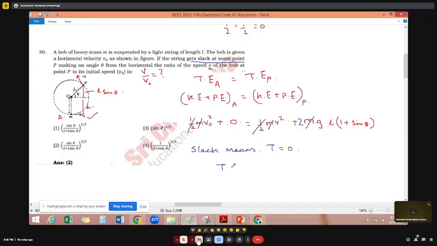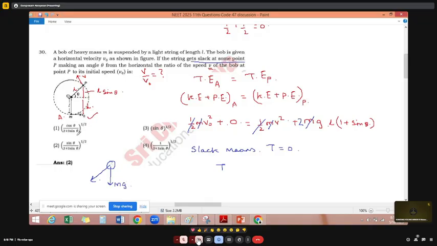T plus mg sine theta. Okay, unfortunately the drawing is very small. I have to show you this one. So mg is like this.